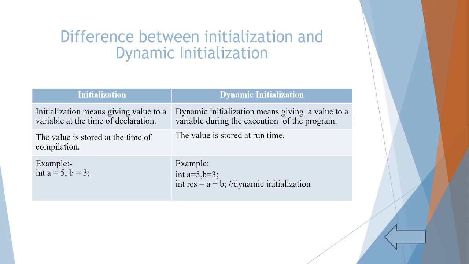But the variable res, int res = a + b. So go get the contents of a, that is 5. Go get the contents of b, that is 3. Then perform arithmetic addition. Store the value in res. This is what is dynamic initialization.